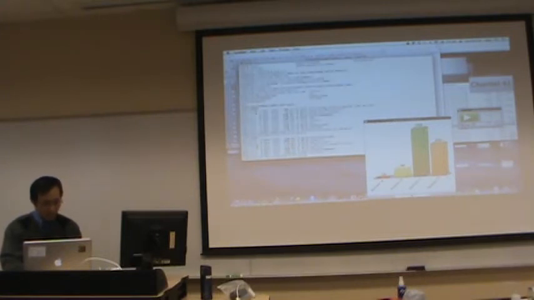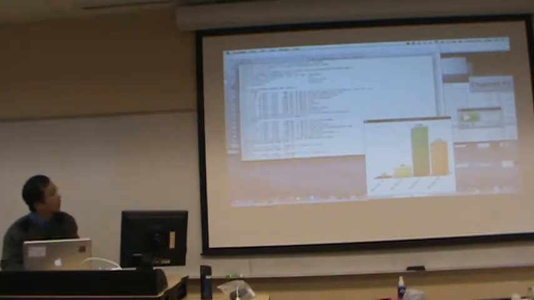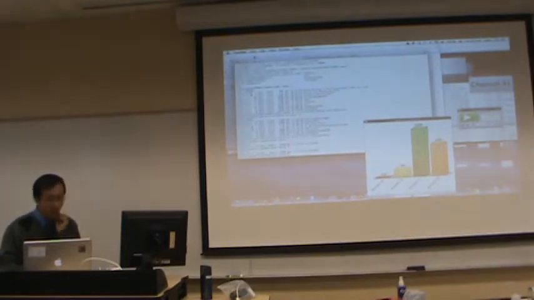So let me show you what the E. coli genome actually looks like. This number is very small. How do I adjust the size of this?